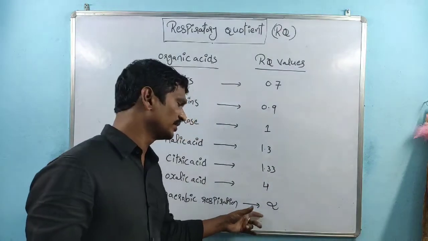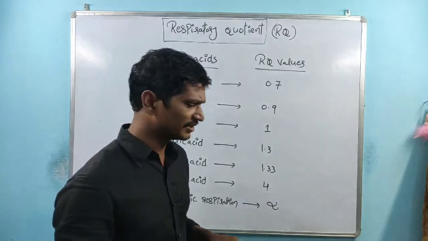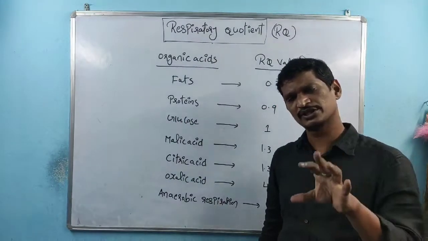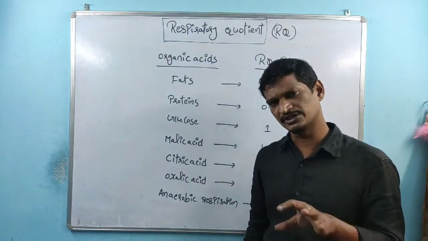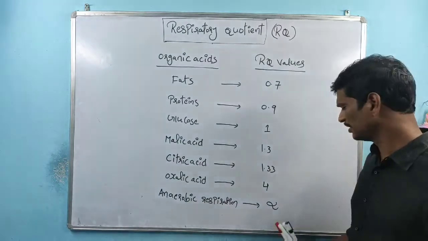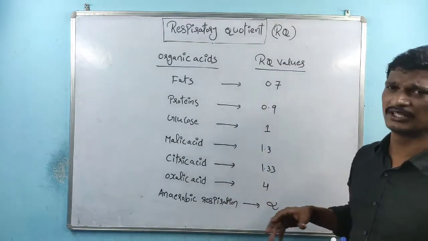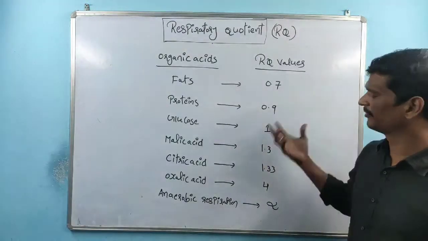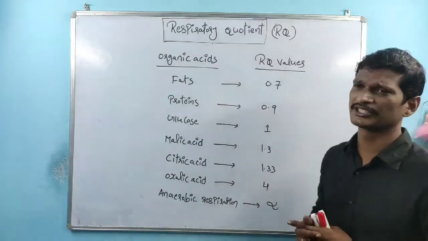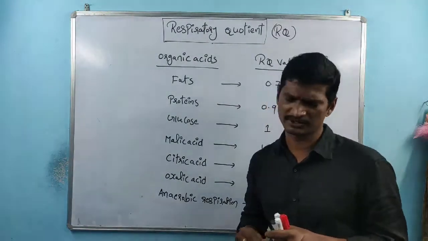That's the reason why we have to choose the infinity value. During the anaerobic respiration process there is no requirement of oxygen. That's the reason why the RQ value of the anaerobic respiration process is infinity. So that is about the substrates and their respiration coefficient values. Next we'll discuss the factors affecting respiration.